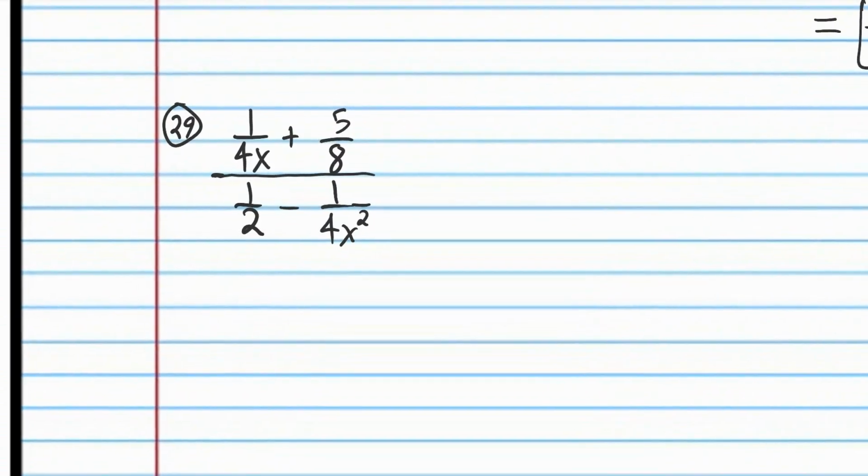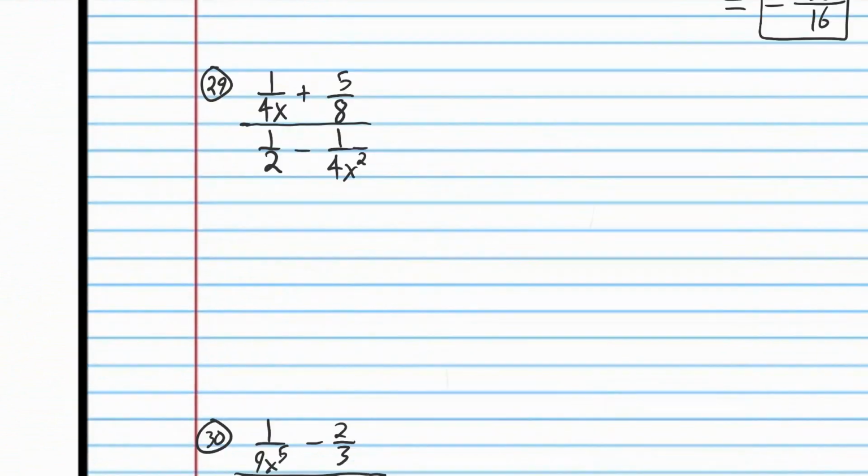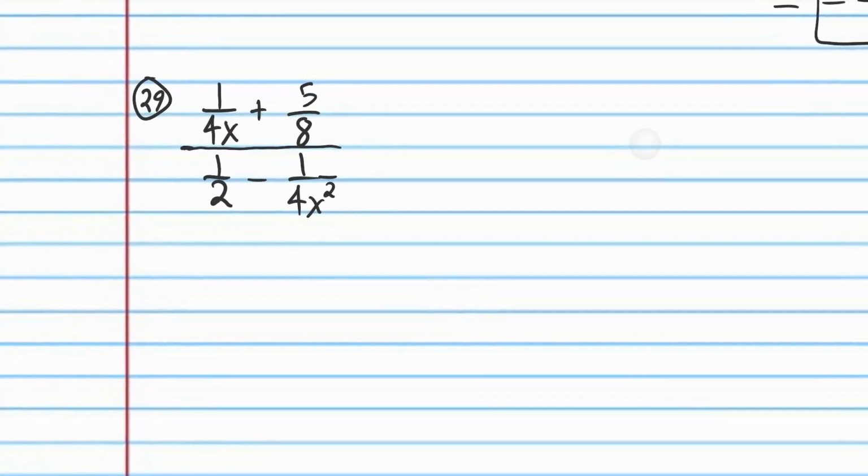All right, so now we have the same situation where we have two fractions in the numerator and two fractions in the denominator. But now we have x's involved. We have variables. So we have to use the principles that we learned in the class on adding and subtracting algebraic fractions. But again, we have to get a common denominator like usual.